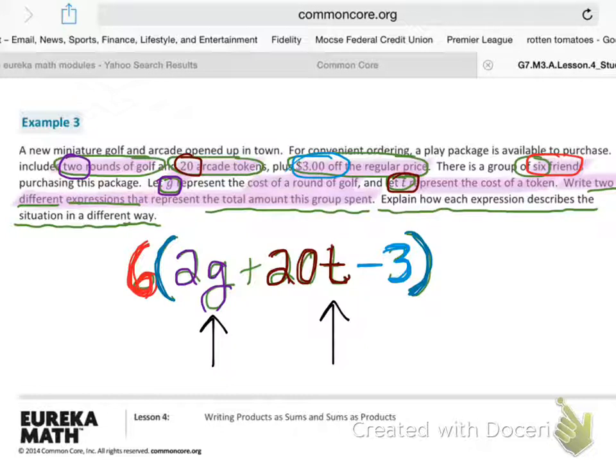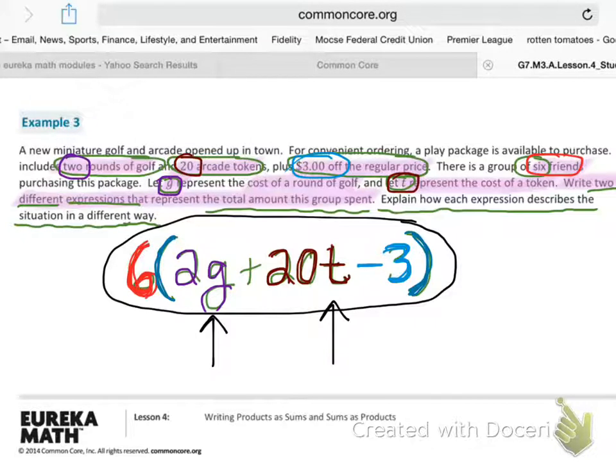This expression doesn't tell us how much each person is going to pay, but it is an expression we can use once we do get the price of the golf and the price of a token. We can plug those in, and we can indeed come up with a total. These expressions describe the situation right there. That, like I said, is the simplest one.